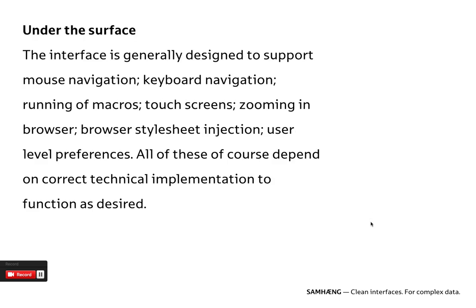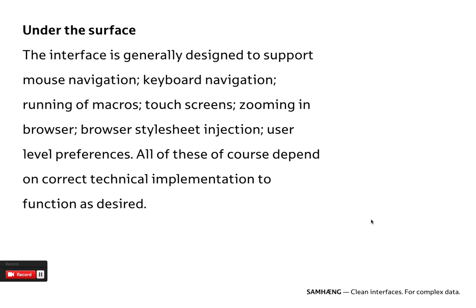So what you'll notice in this prototype is, of course, the design, but behind the design, there is a series of things that aren't so apparent to the naked eye. So things like how we've designed the interface to support mouse navigation, keyboard navigation, or the running of macros, touchscreen use, zooming in, browser style sheet injection for people who need that for accessibility purposes, user level preferences, and so on.